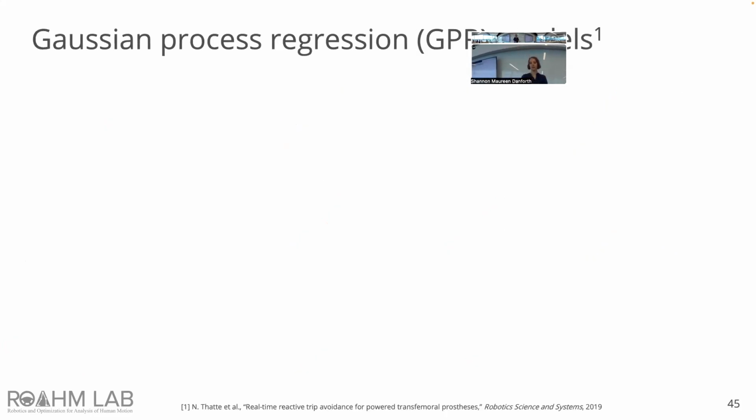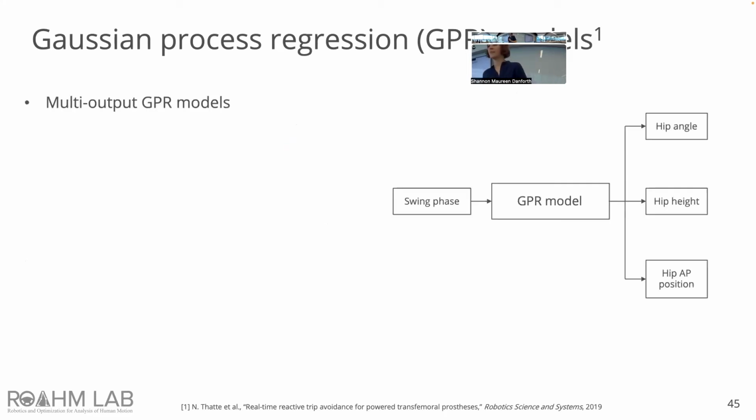And so we fit Gaussian process regression models to these data, which has been shown to successfully estimate hip recovery behavior in other perturbative experiments. The input to our model is the swing phase value, so from 0 to 100% swing phase. And the output is those 3 hip response variables of interest: angle, height, and AP position.